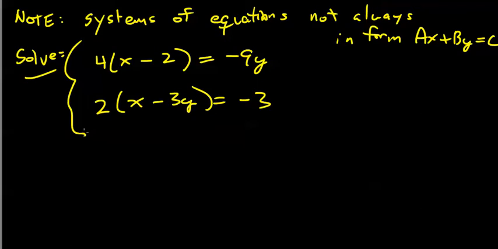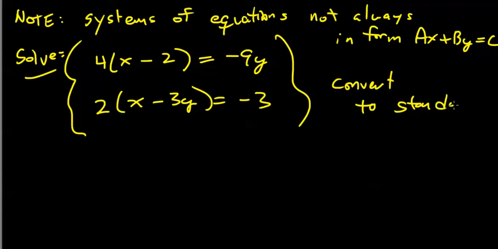Well, do I use the elimination method or do I use the substitution method? What I would do is first convert to standard form. Things are cloudy. The direction I want to take is somewhat vague because it's not in standard form and I can't really discern which way is the best way.